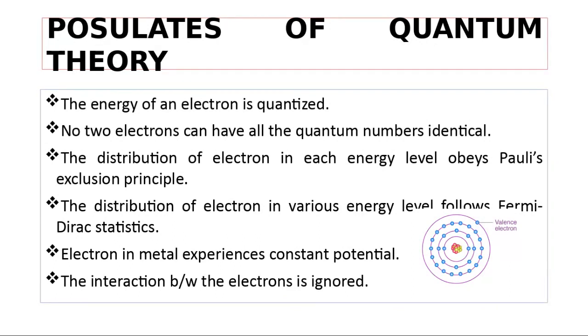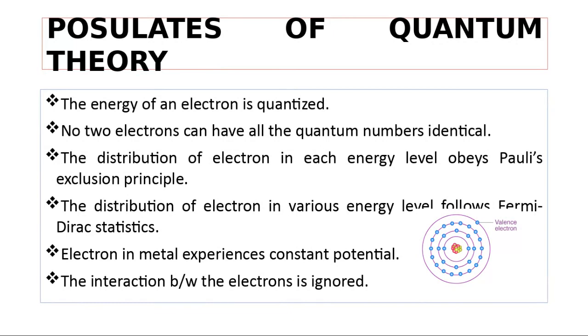You can see this in the figure: electrons are in circular orbits. The first orbit is 1s2, then 2s2, 2p6, and 3s2. Like this, the electrons are in fixed energy levels, which means they have discrete energy. That energy is quantized.